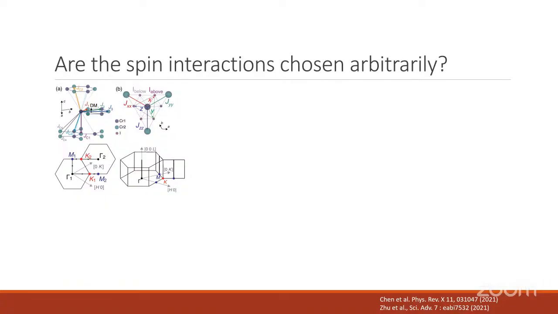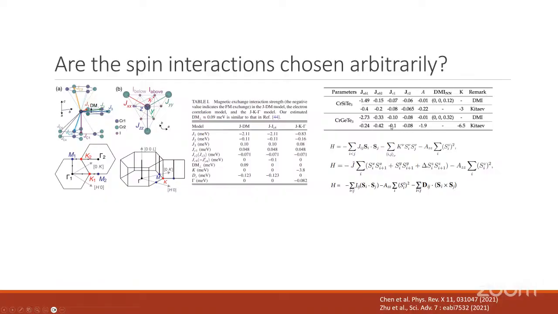In some even more severe cases, like another van der Waals material, chromium triiodide, this problem would be more severe. For example, they have built a pretty complicated model to describe the magnetic behavior in chromium triiodide and its siblings. So there are more interactions in your system.